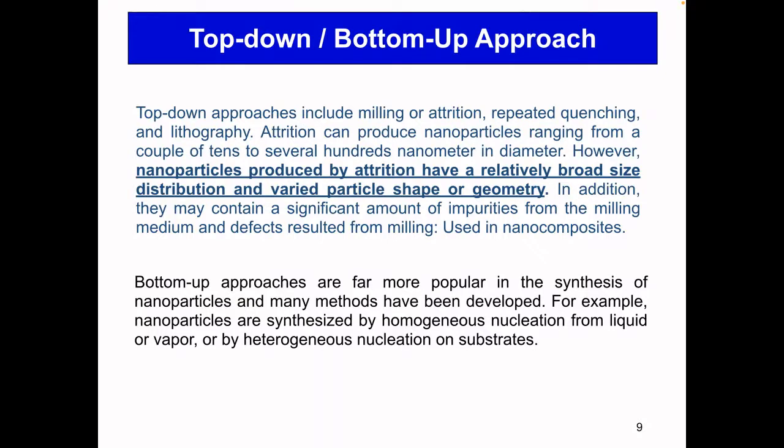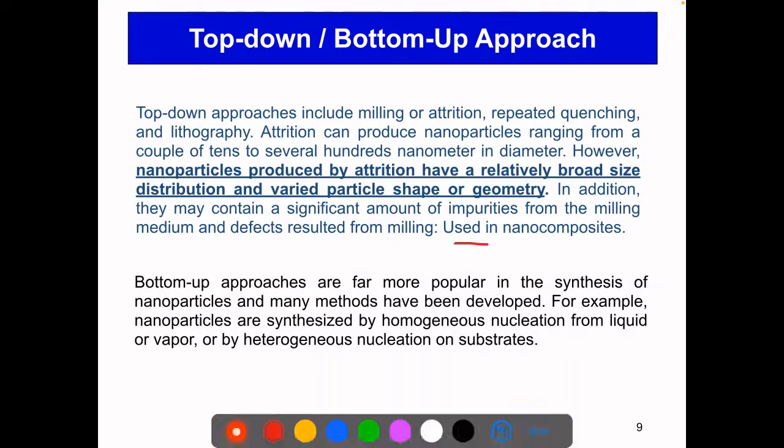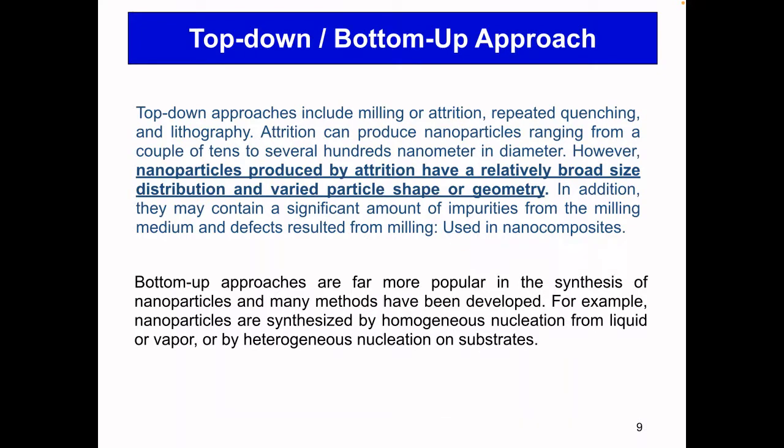Maybe it can have a broad size distribution, then you can go ahead and follow the top-down approach, because it may create varied particle shape and geometry. In addition, they may contain a significant amount of impurities from the milling medium and defects resulting from milling. And like it says, it's used in nanocomposites.